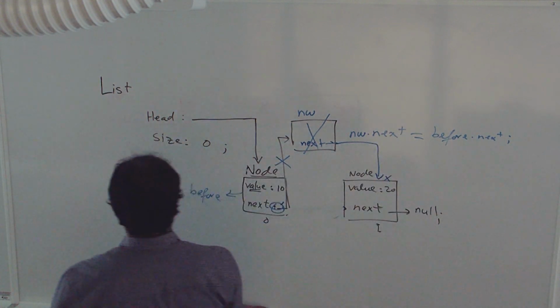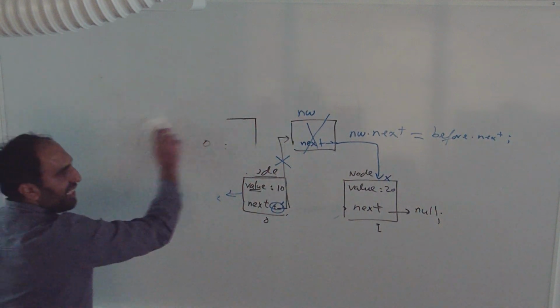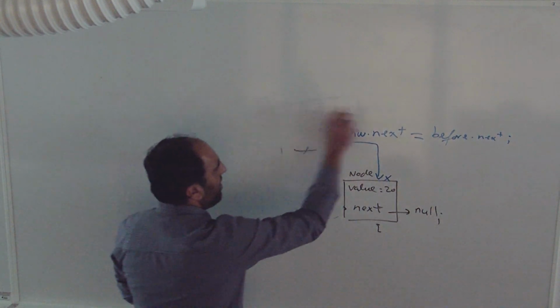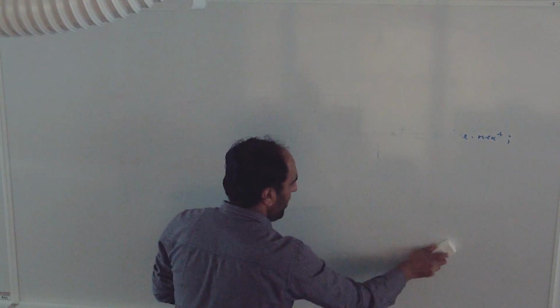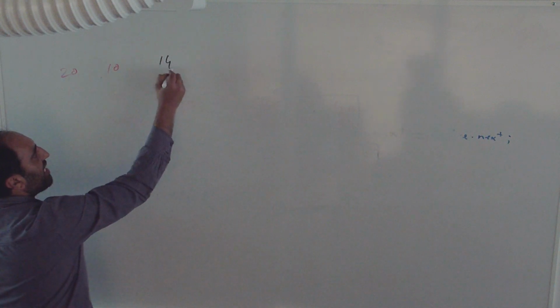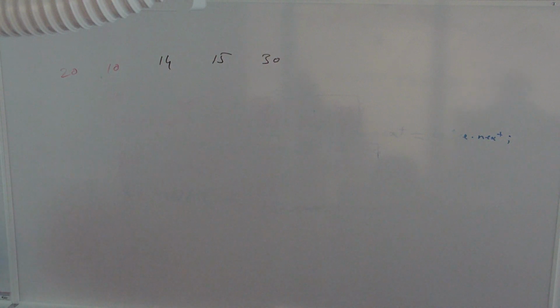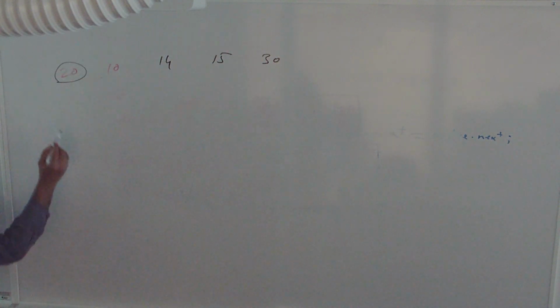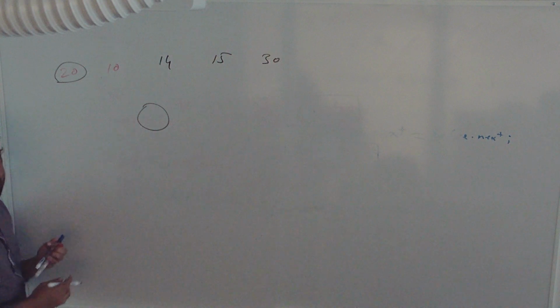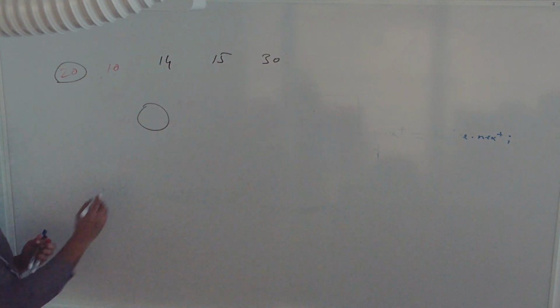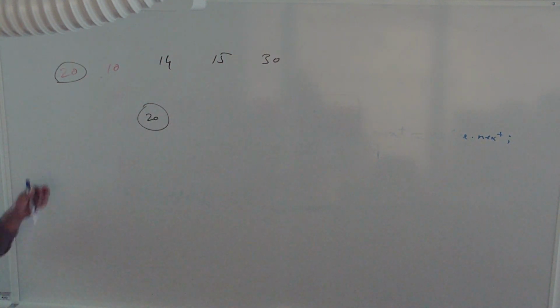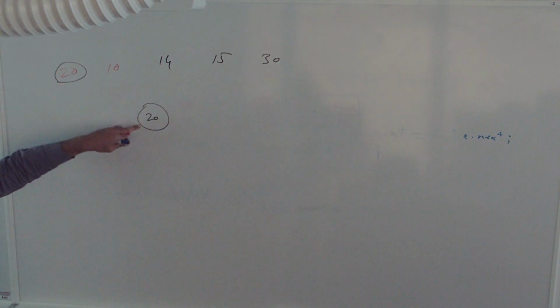So for the binary search tree, let's say you have these values: 20, 10, 14, 15, and 30. We start with the first value, 20. There is no node in the tree yet. Then we take the next value, 10, and check it.